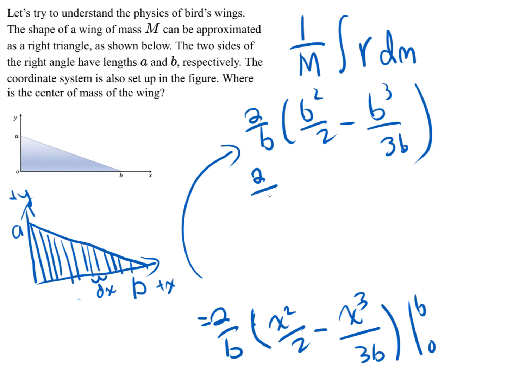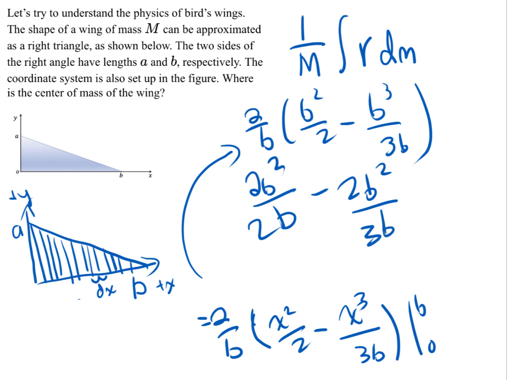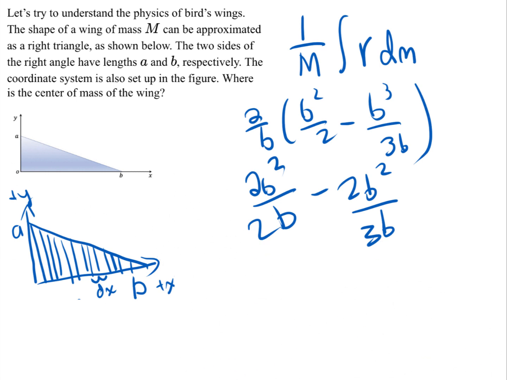We get 2b squared over 2b minus 2b squared over 3b. And again, one of these b's canceled out, so that's what I did. Now the 2's cancel out, one of the b's cancels out. You get b minus 2/3 b, and that is equal to the x-coordinate for the center of mass.